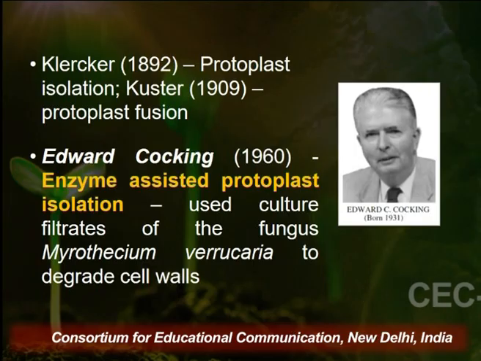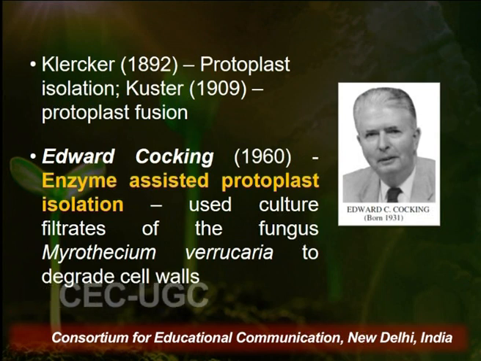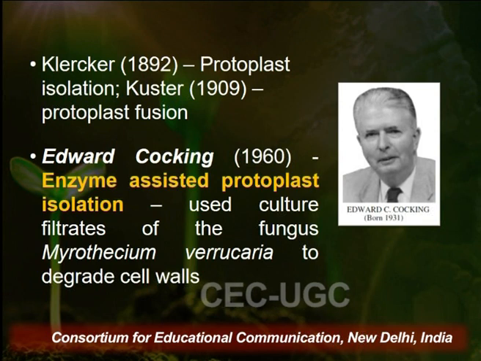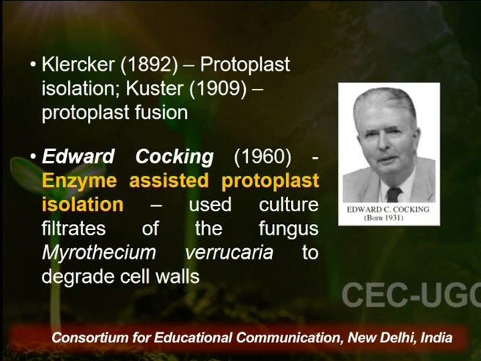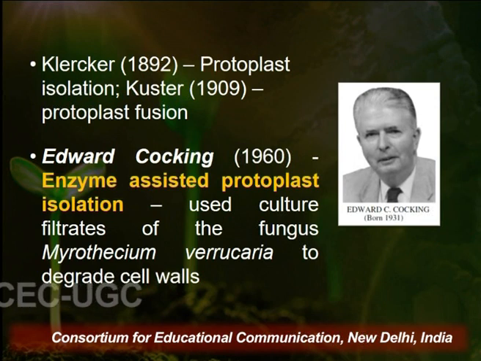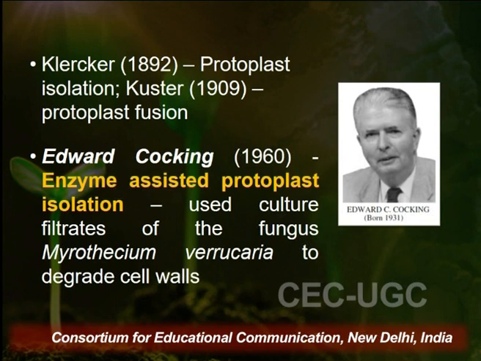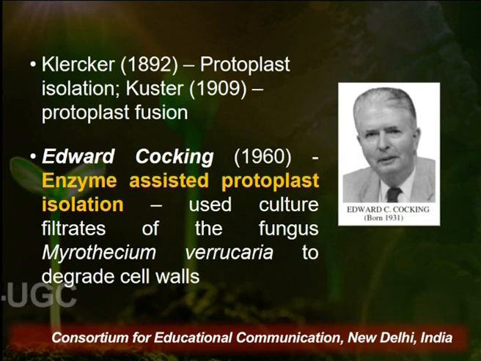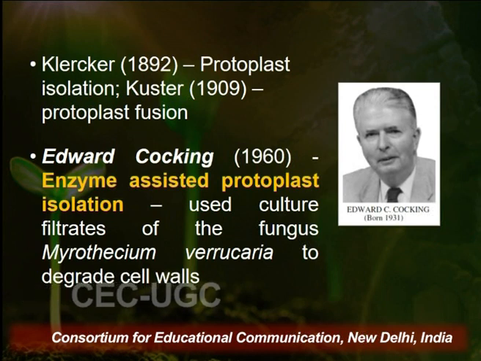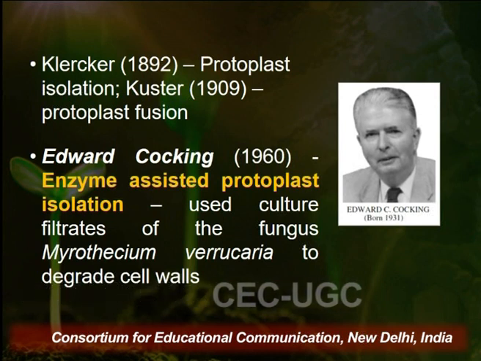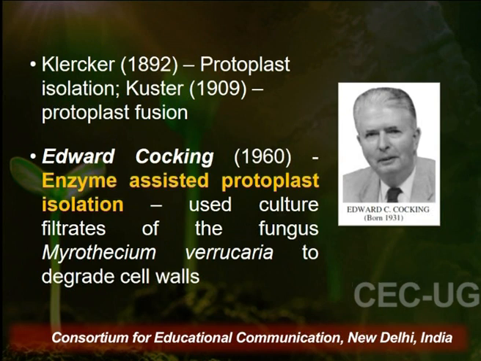Though protoplast isolation was done way back in 1892, and in 1909 protoplast fusion occurred, in 1960 Edward Cocking developed a new method of protoplast isolation, named enzyme assisted protoplast isolation, where he used the filtrate of a fungus to degrade the cell walls.